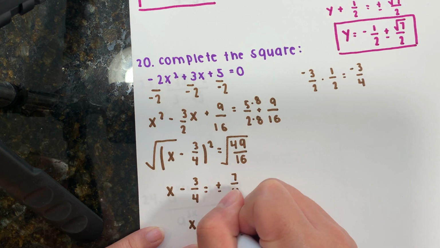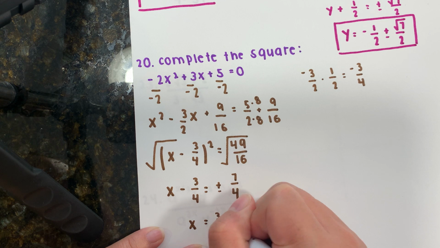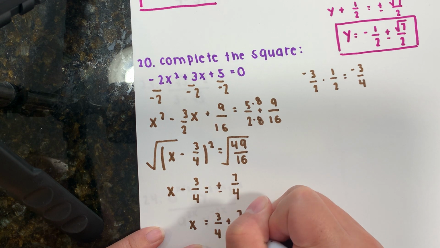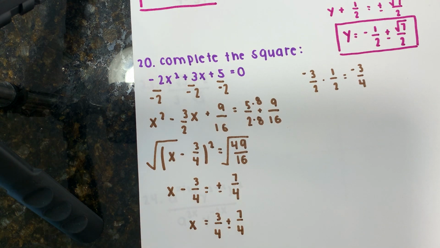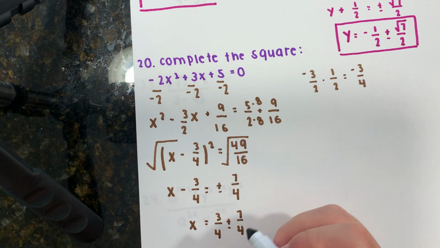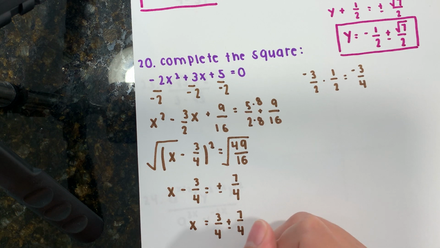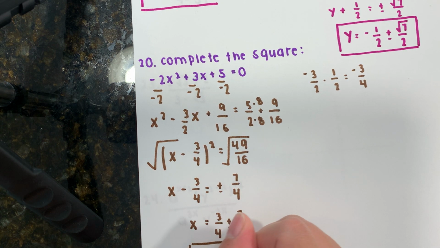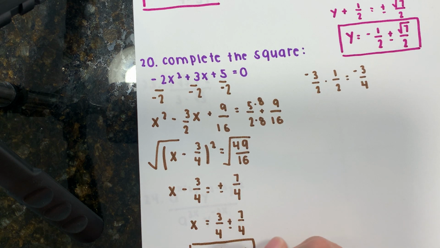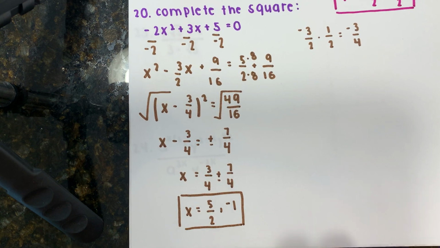So that would be 3 over 4 plus or minus 7 over 4. So 3 plus 7 is 10. 10 over 4 would be 5 over 2. Then 3 minus 7 would be negative 4. Negative 4 over 4 would be negative 1. So your two answers are 5 over 2 and negative 1.